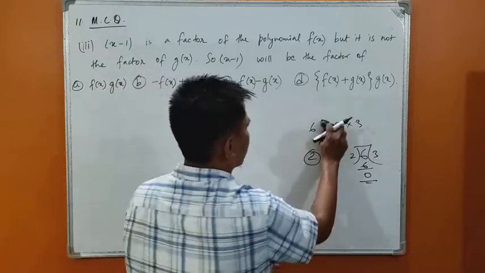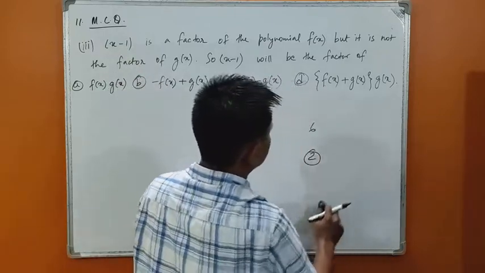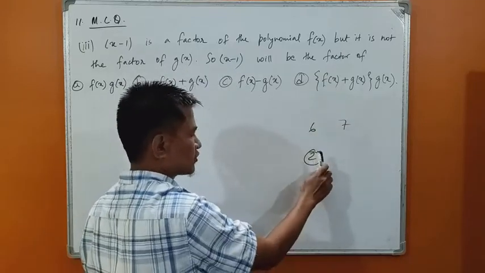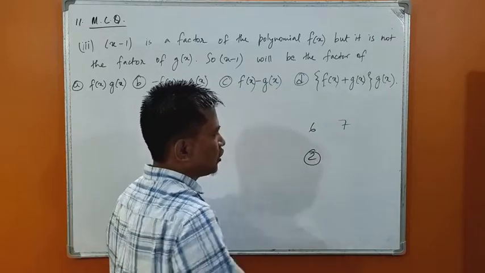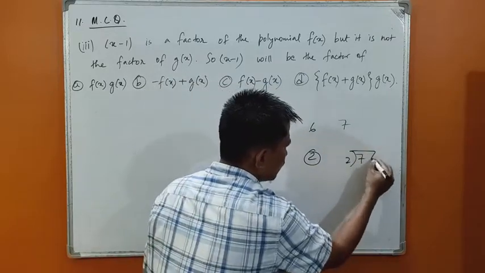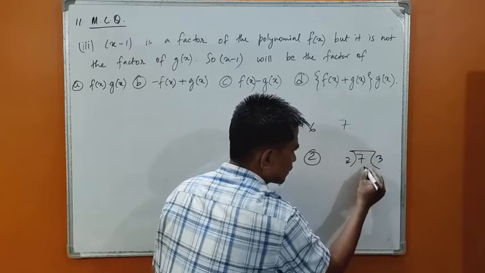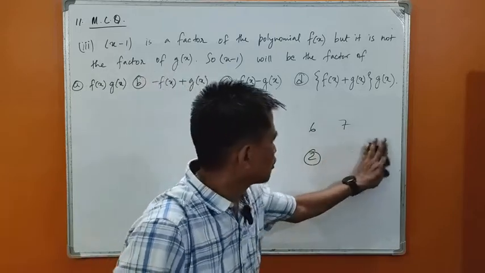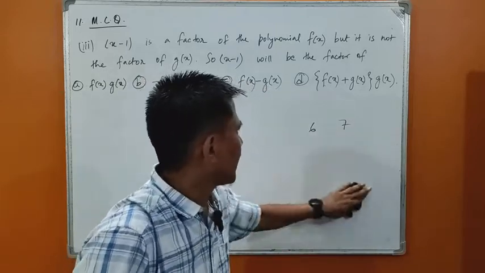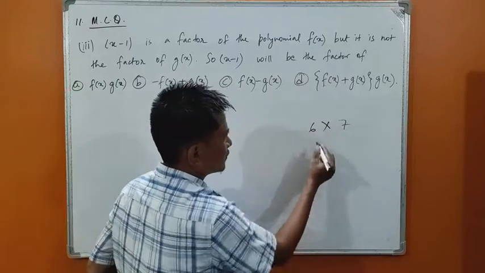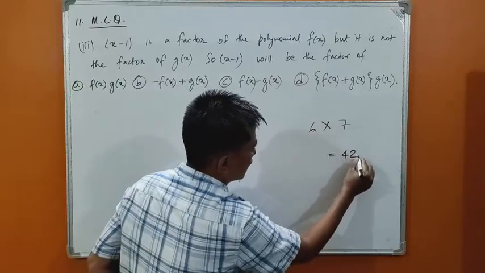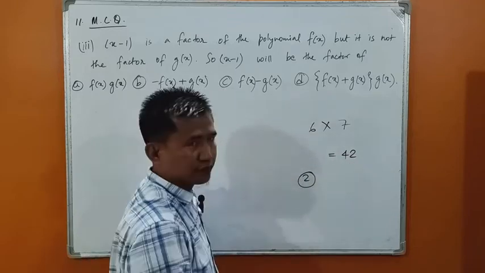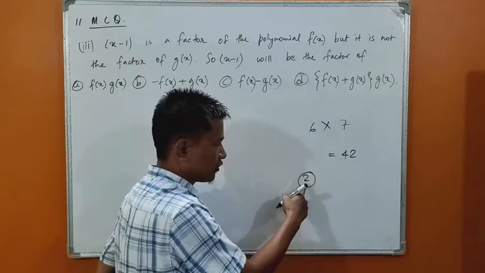Now, let's understand this. We have another number, 7, but 2 is not a factor of 7. When we divide 7 by 2, we don't get remainder 0: 2 threes are 6, remainder is 1. So 2 is not a factor of 7. If we multiply 6 and 7, we get 42.